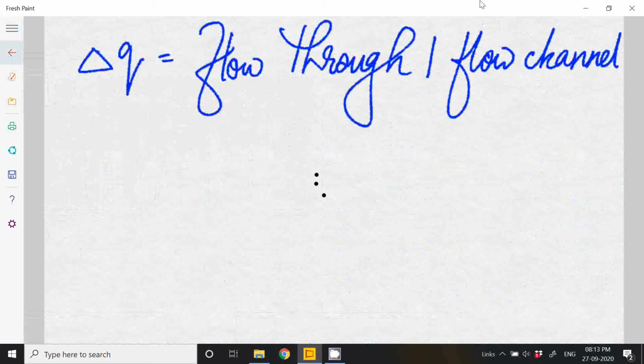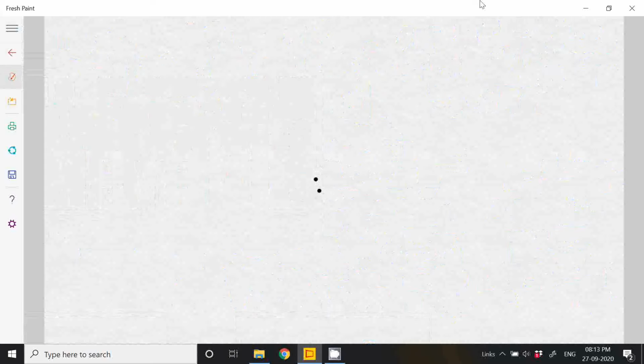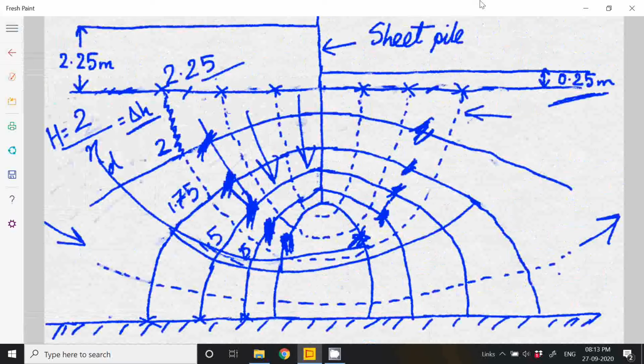In the flow net there will be more than one flow channel, isn't it? Like this is one flow channel, this is another flow channel, this is another, and this one is another flow channel. Between any two flow paths there is a flow channel.